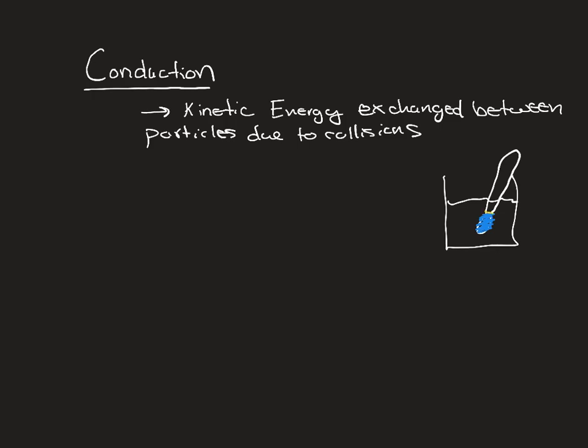And eventually the particles here are going to collide with the particles that make up this section here, which are then going to collide with the particles that make up this section, and then it's going to keep going and going until all the particles have a little bit more kinetic energy due to collisions from the particles next to them.